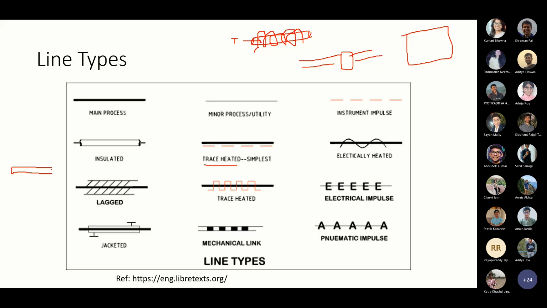To not reduce this temperature, we often place some insulating materials.